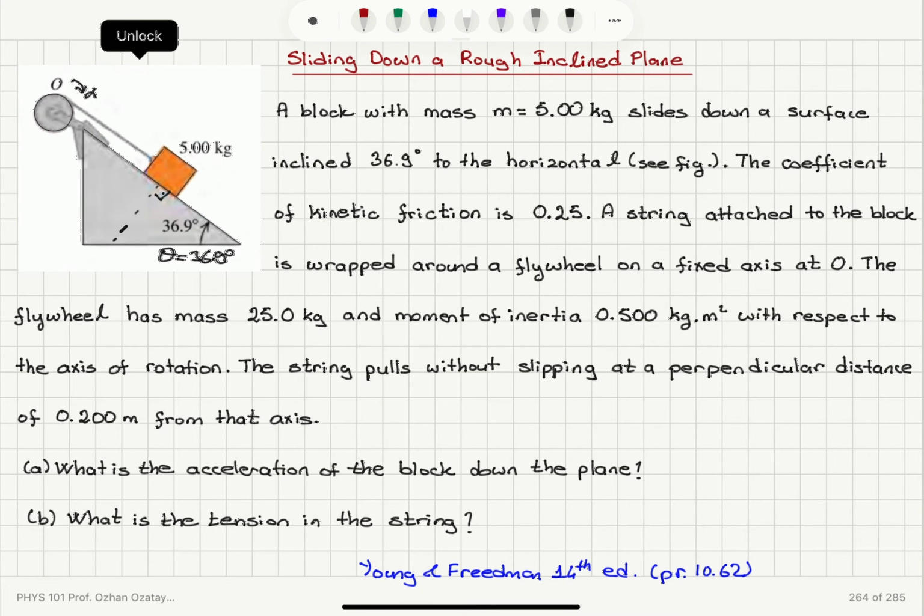Of course, there is the weight and the contact force on this wheel, but they don't create any torque effect. The torque equation will only come from the radial distance r here between the pivot point and the application point of the tension times the tension. So T times r is equal to I alpha, where alpha is also in the minus k hat direction, so they have the same direction.